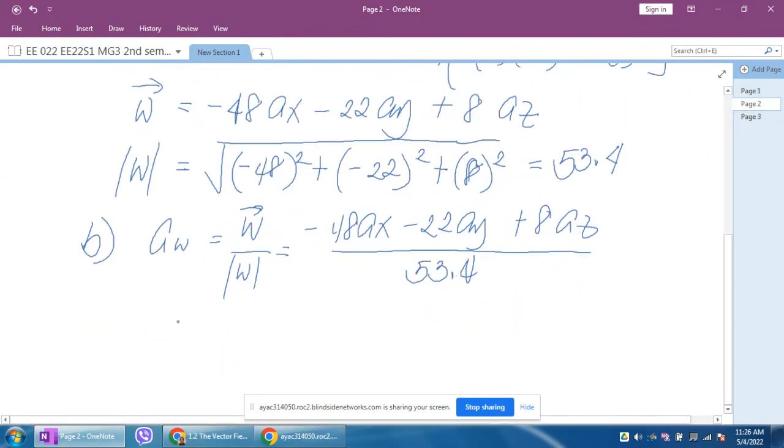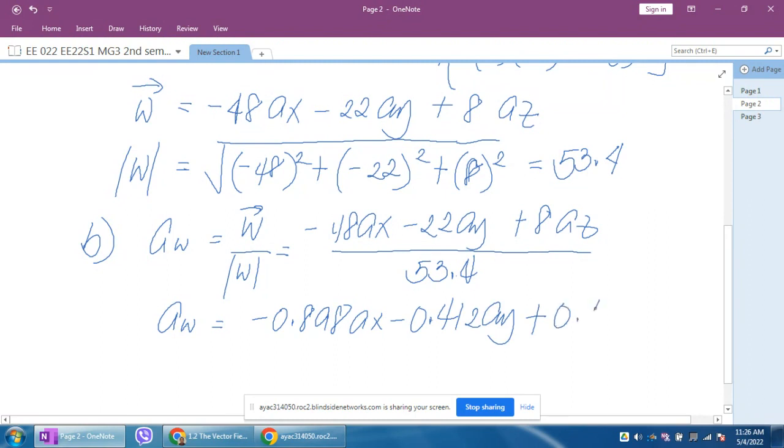Okay, so simplifying. So AW, this will give us a value equal to negative 0.898. Paki-check nga po kung tama. AX minus 0.412 AY plus 0.149 AZ.